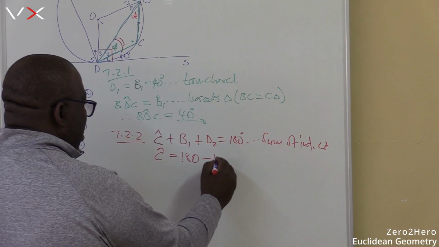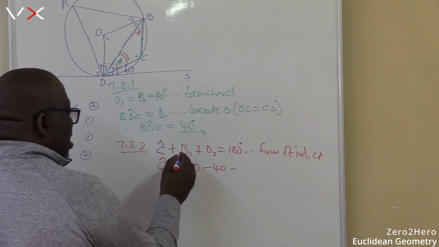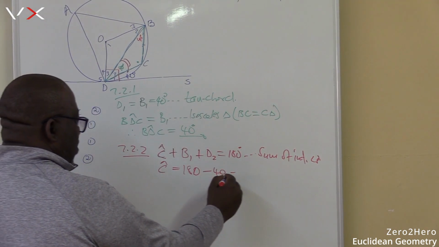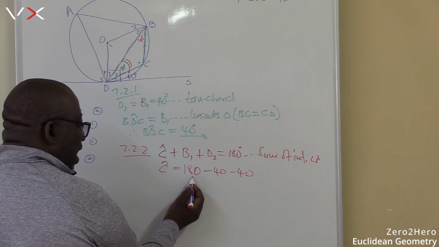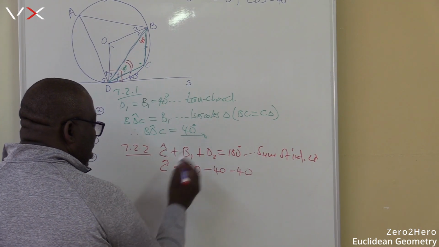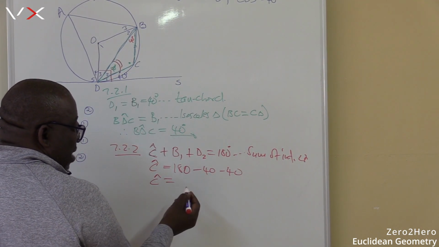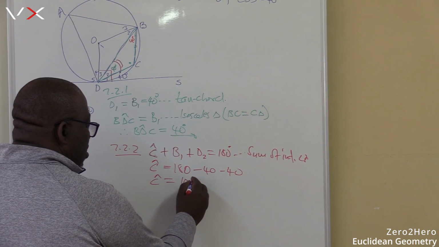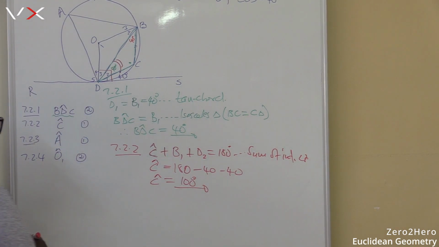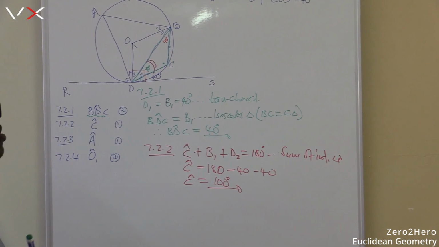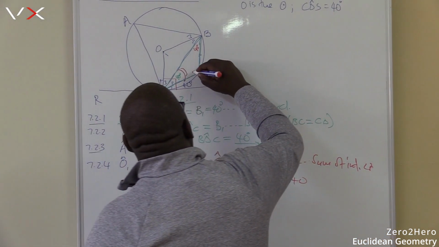B1 is 40 degrees, D2 is also 40 degrees. So we've got 180 minus 80, which is 100. So that's the value of angle C. It is 100 degrees.